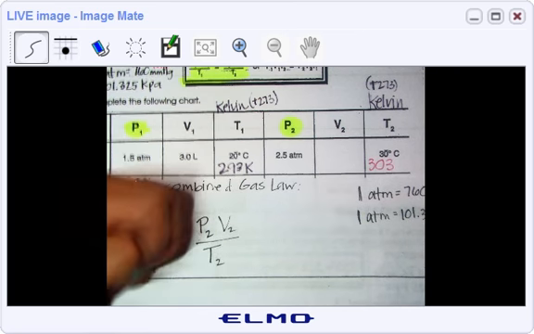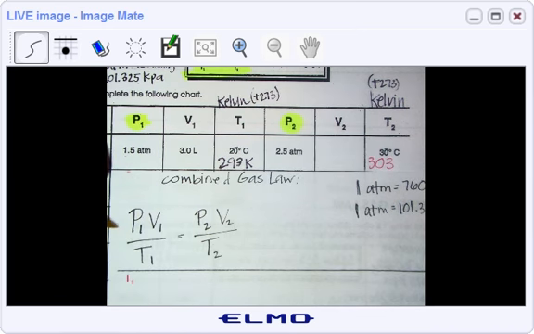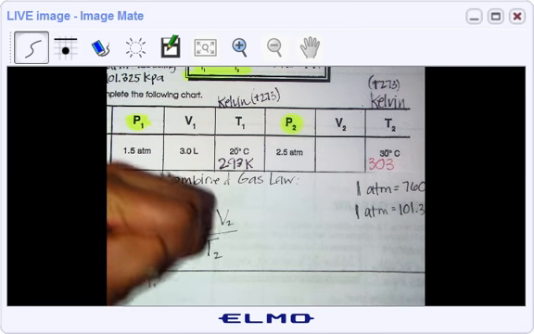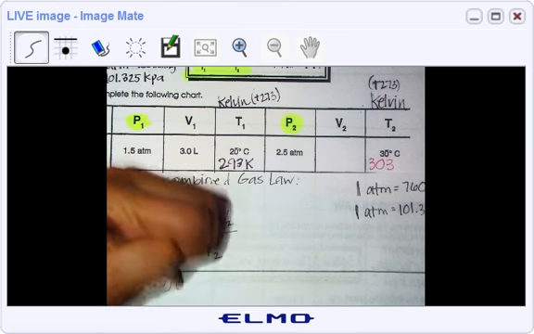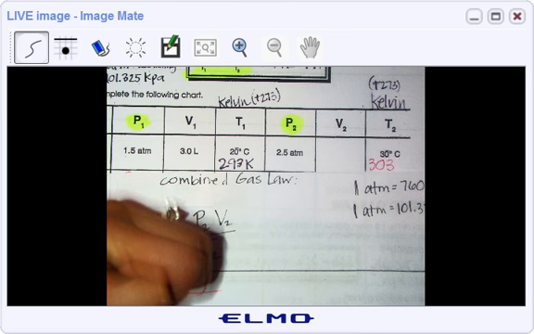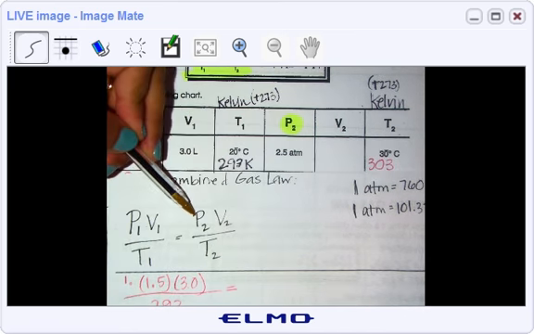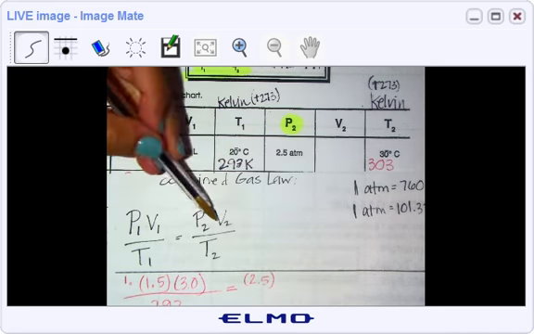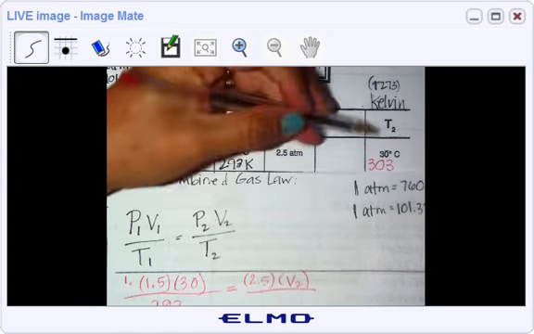The formula is right here, P1, V1, T1. I'm going to plug in whatever I have. So my P1, 1.5, is right next to my V1, 3.0, on top of my T1, which is 293. Equals P2, which is 2.5, next to V2. We don't have that. And my T2, 303.